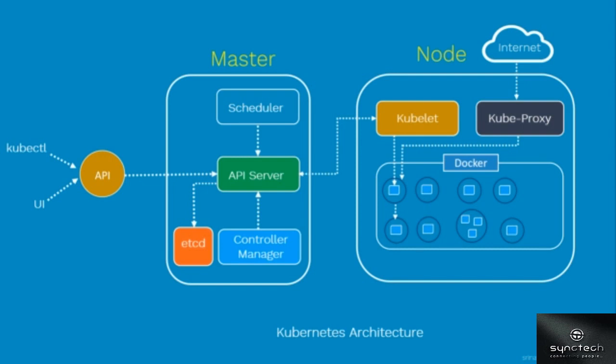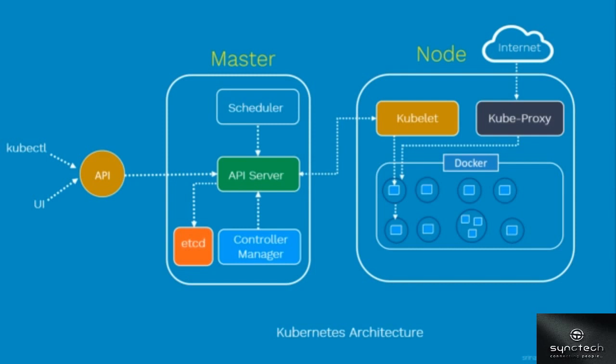And now, moving on to the node components. In the Kubernetes worker node, we have four more important components: kubelet, kube-proxy, pod, and containers. First, we have kubelet. It is the primary node agent that runs on each worker node inside a cluster.